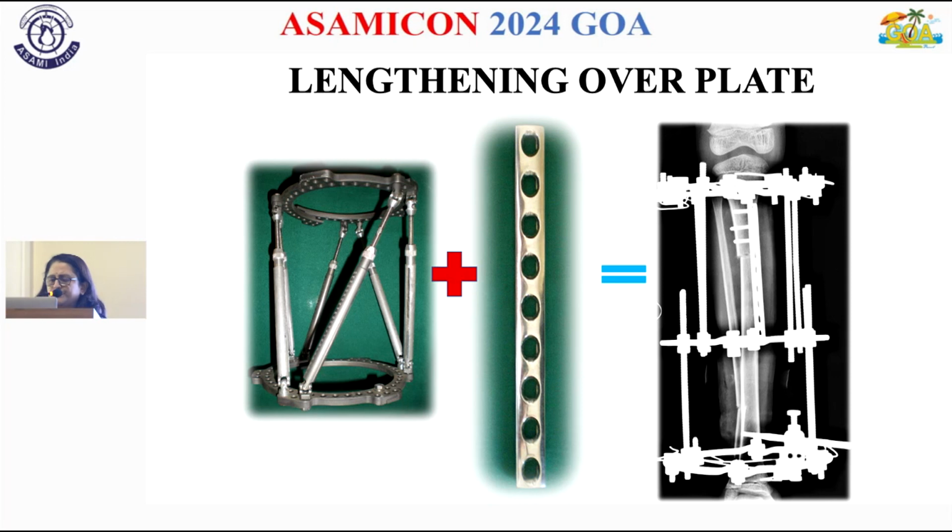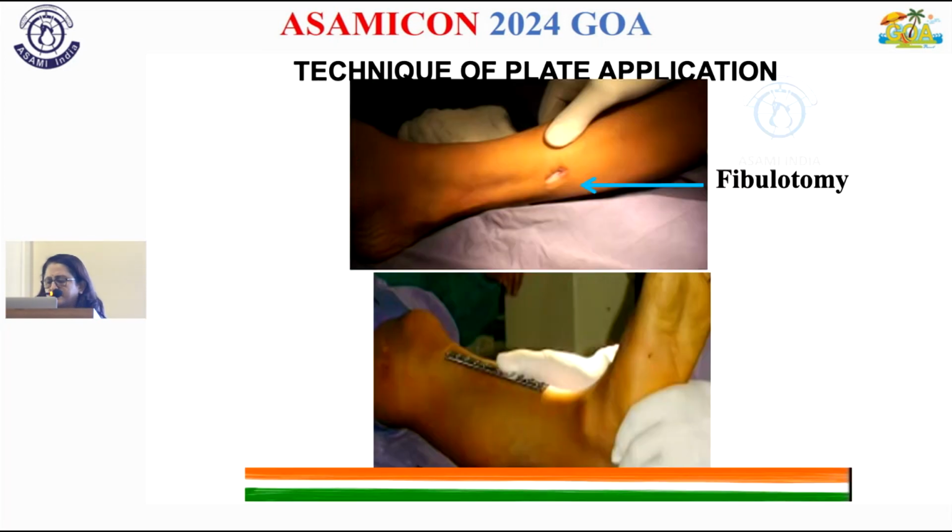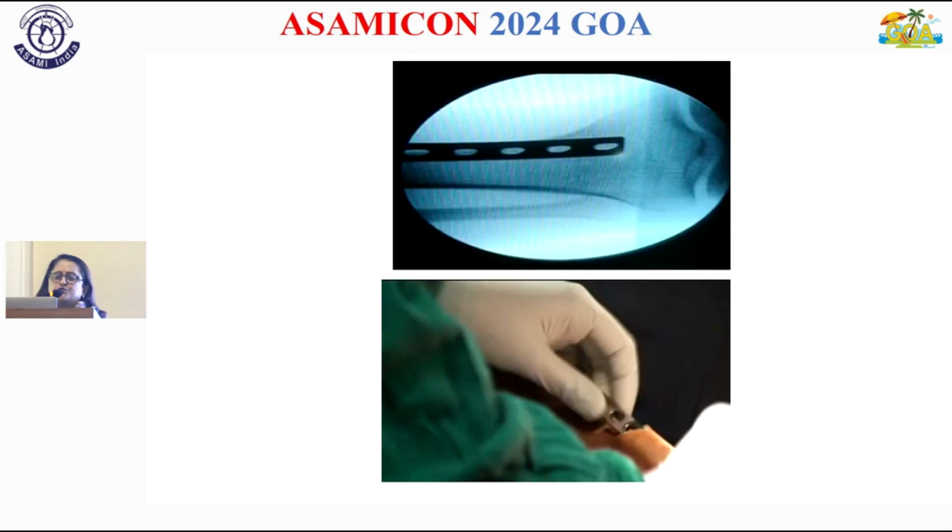I'll show you a few steps of the technique. It goes like this: cut the fibula first, then put the plate on the tibia and mark the site of corticotomy, which is usually below the 3rd hole. Take a small vertical incision and slide the plate on the medial surface of the tibia, subcutaneously, quite easy.